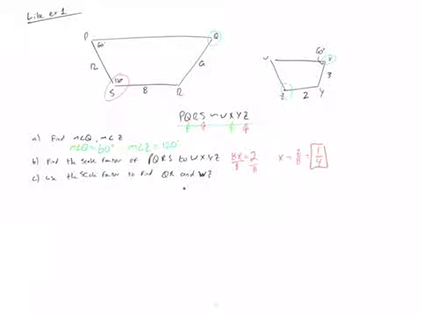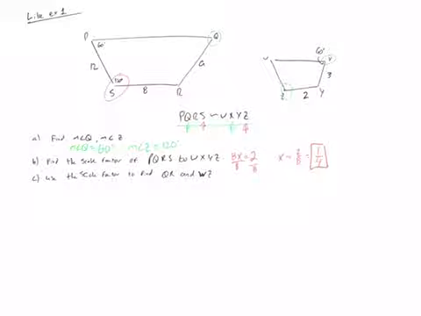It says use the scale factor we just found, the 1/4, to find QR and WZ, this length. So let's go with WZ first. This is 12, and I'm trying to find this one. So if I multiply 12 by 1/4, it should give me this.